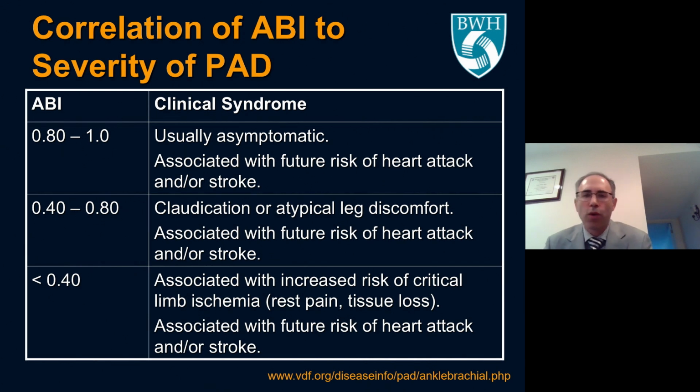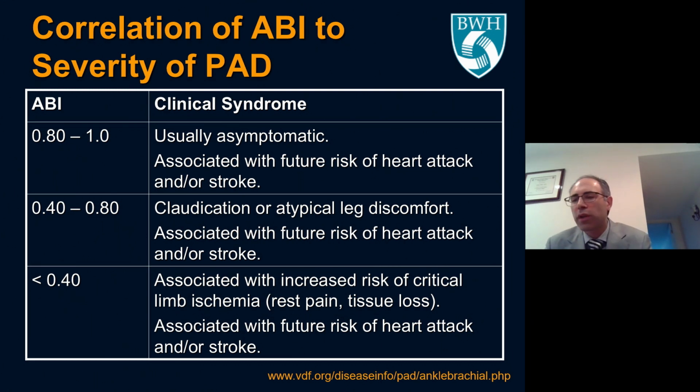And when we look at the correlation of ABI to the severity of PAD, I'll tell you, no matter what the ABI is, if it's abnormal, that correlates with a future risk of heart attack and stroke. So that's true for all of these abnormal ABI levels. But patients symptom-wise, if the ABI is 0.8 to 1, oftentimes they're asymptomatic.